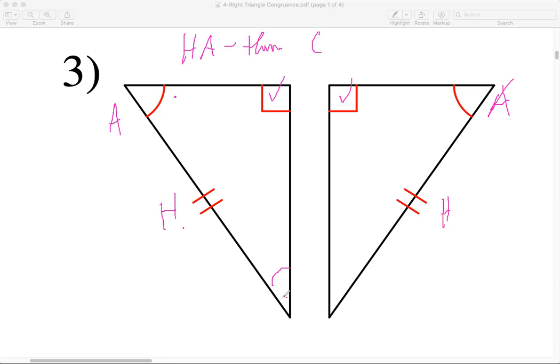Angle, side, angle. Why are these angles congruent? Because these two angles of the triangle are congruent, and of course, these two angles of the triangle are congruent as well, since the sum of the angles is 180 degrees. Okay, so by the HA theorem, these two triangles are congruent.